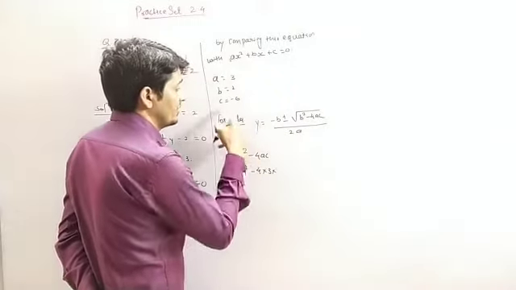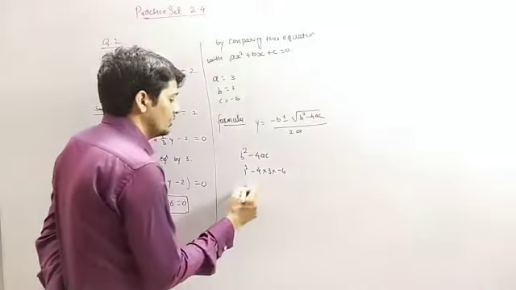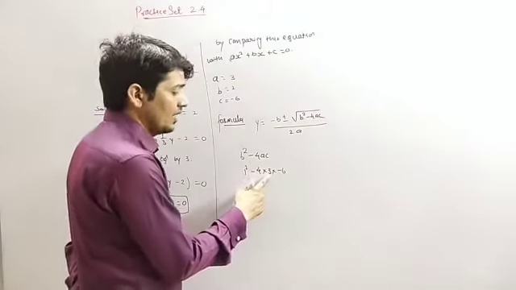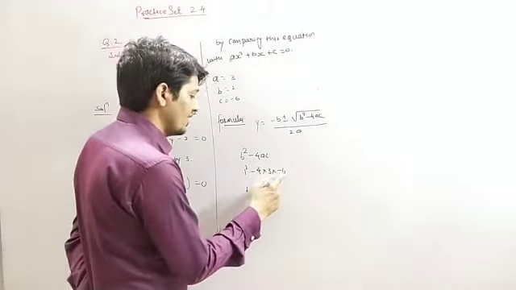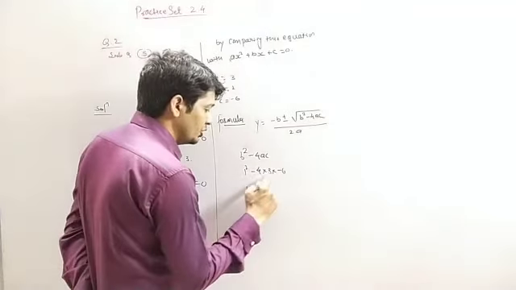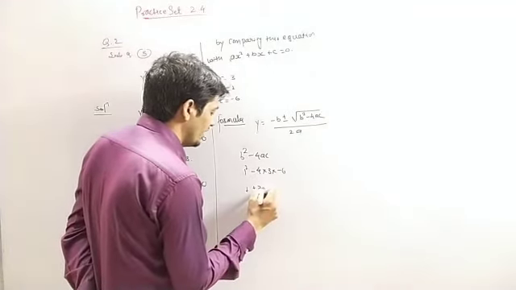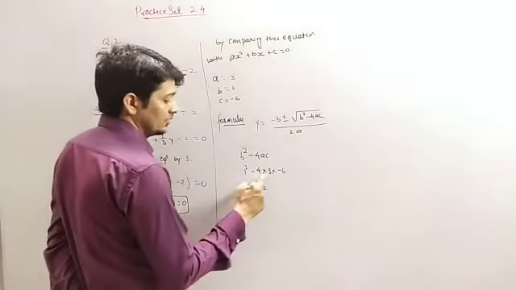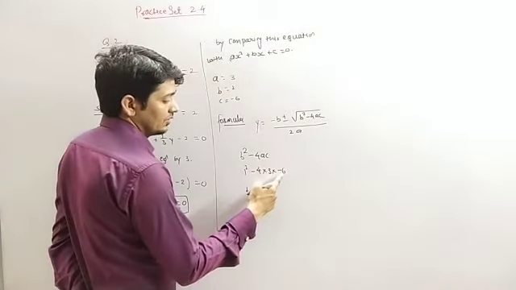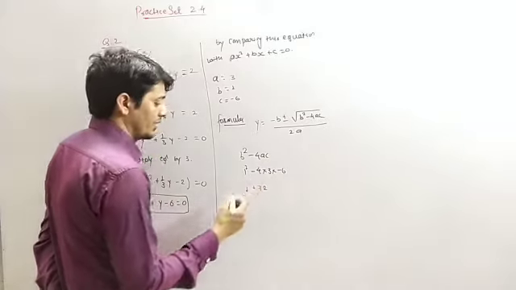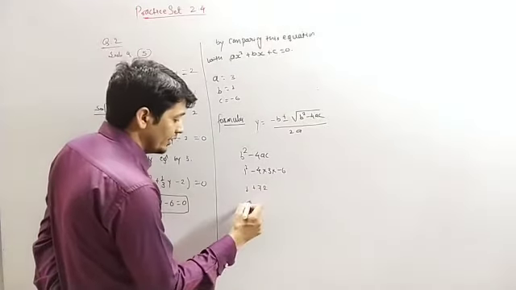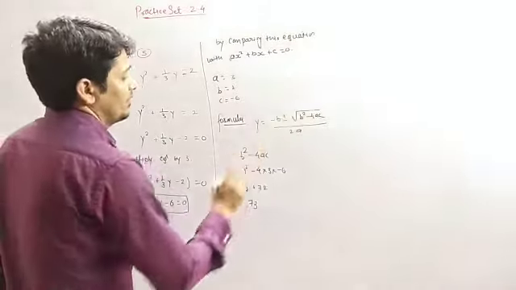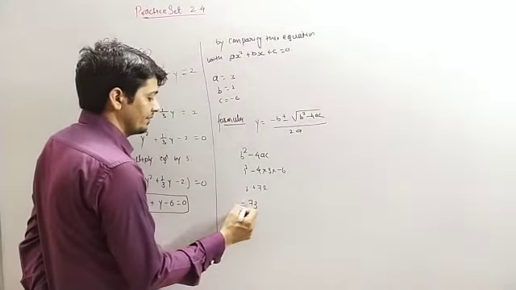And what is c? It is minus 6. So 1 square is 1, minus 4 3s are 12, and 12 6s are 72, and minus into minus is plus, so we write 72. Okay, so 1 plus 72 is 73. So the value of b square minus 4ac is 73.